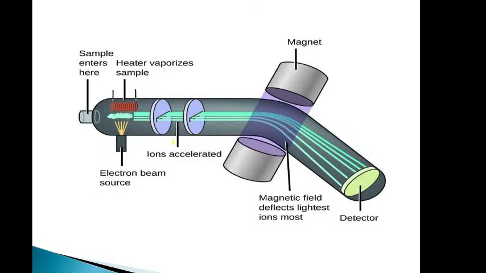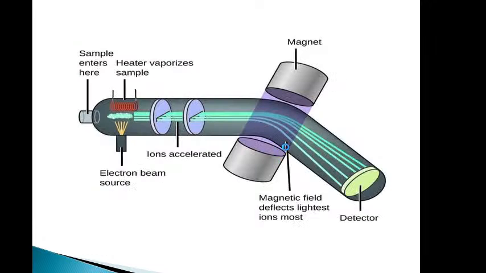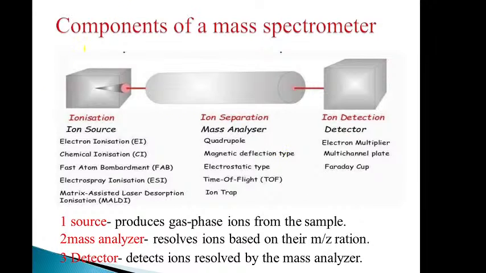We have to remember only one thing, that this mass spectrometry helps us in the separation or in the identification of the protein on the basis of the mass which the protein is carrying. So these are the different components of a mass spectrometer. We do not have to go that much in detail. We have the source, we have the mass analyzer, and then at the last we have the detector. From the detector we are able to detect the results.